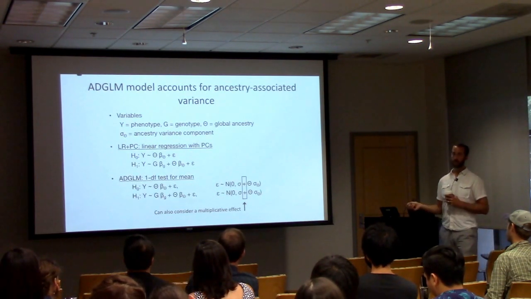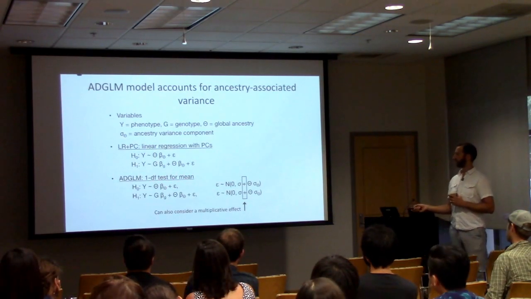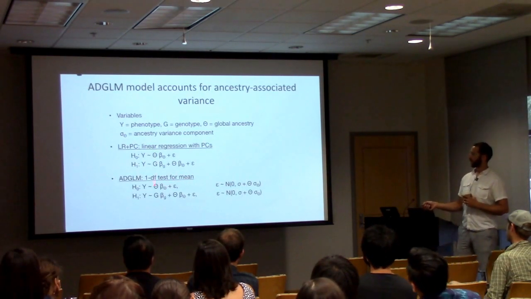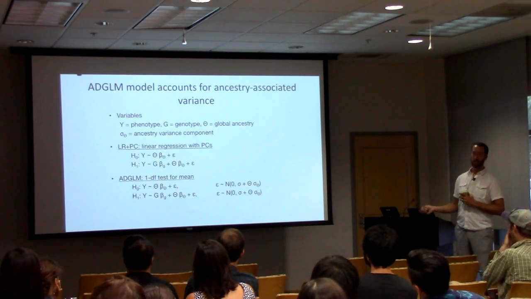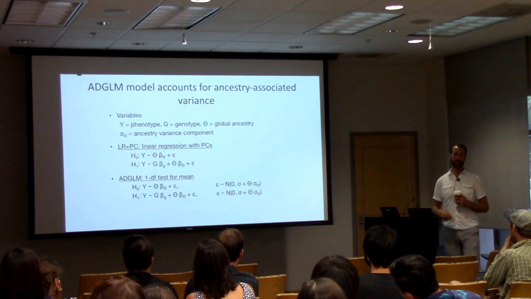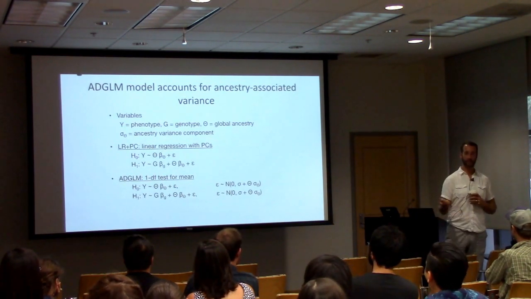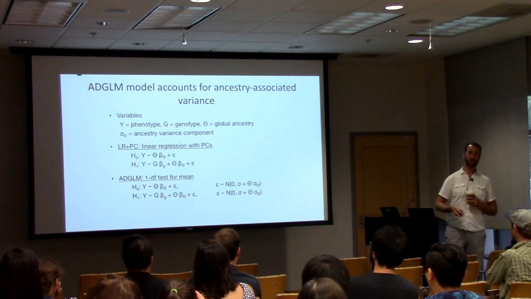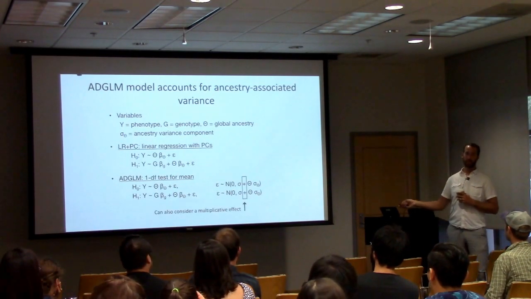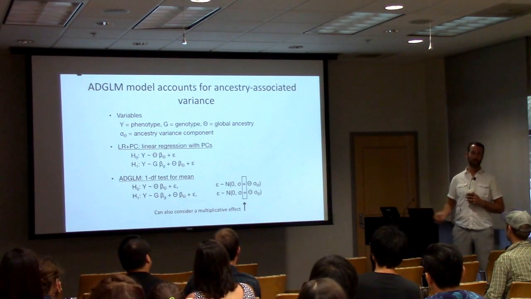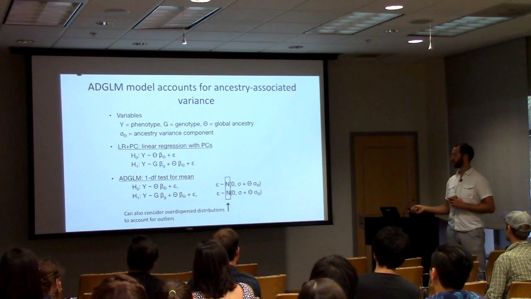So standard linear regression. When we run a double generalized linear model, it looks exactly the same, except epsilon is different. And epsilon can be different in lots of ways. DGLM is sort of like, well, it's generalized, so that, just like in generalized linear regression, you can have lots of different link functions. Here we can have a multiplicative effect or an exponential effect or logistic effect or whatever is right.